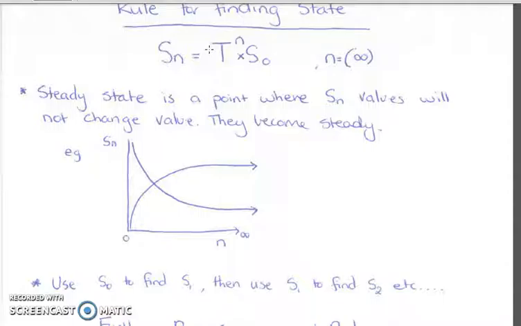Sometimes if your calculator has too much memory backed up in it and you put in 200, it may freeze your calculator, or the circle thinking button down the bottom right will go for quite a while. So to find a steady state is when after a certain amount of time, our matrix actually won't change values. So you can find that just by predicting a large number such as 100.